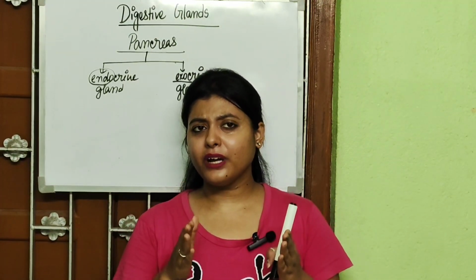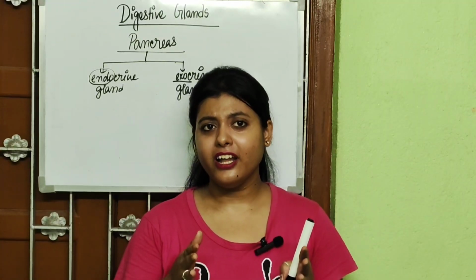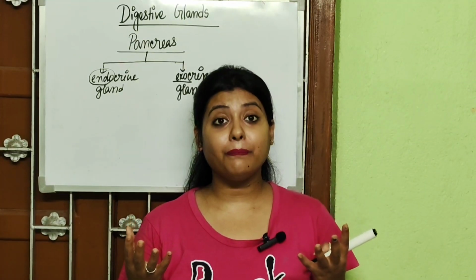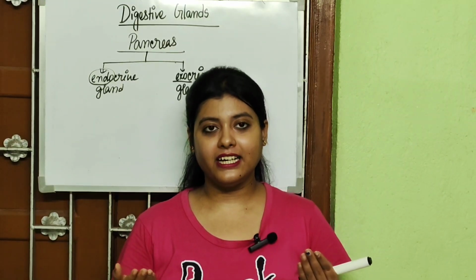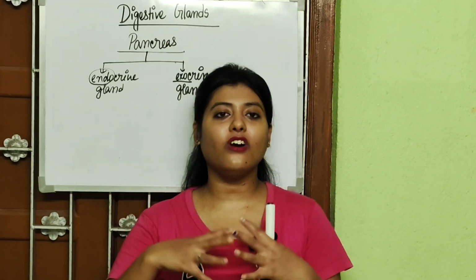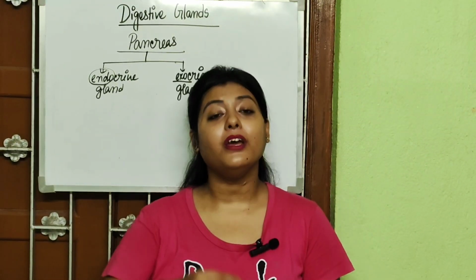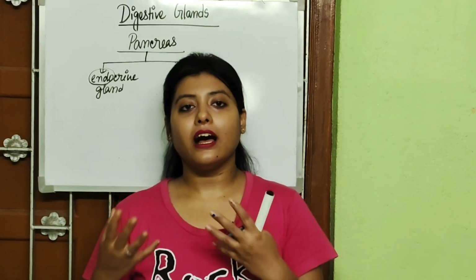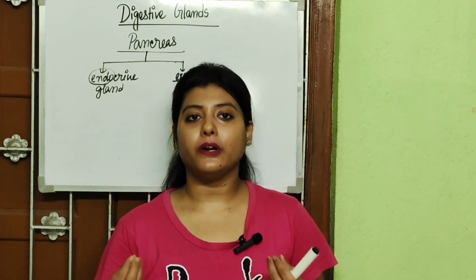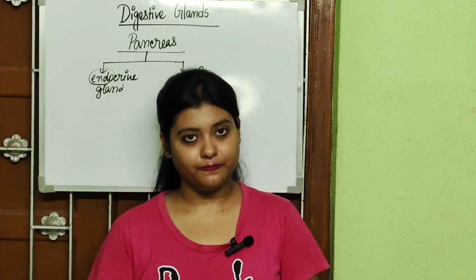I think it is clear to you why, because now it has all types of required enzymes to digest the food molecules. Clear? So this is how the pancreatic juice also performs in the digestion process.